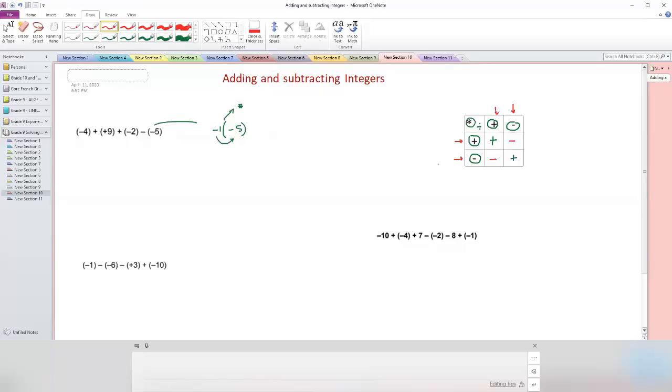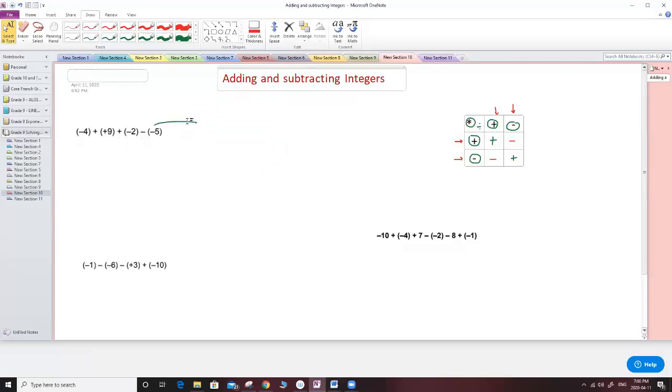So from here, I can right away change this double sign to one sign. Negative times negative is going to be positive 5. And this way, I eliminate the double sign with only one sign. So let's take this into consideration and see how we can do it here.